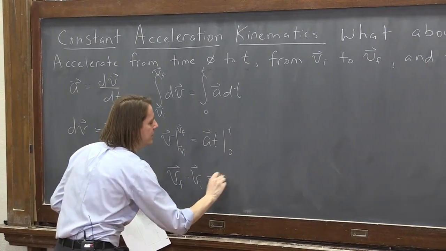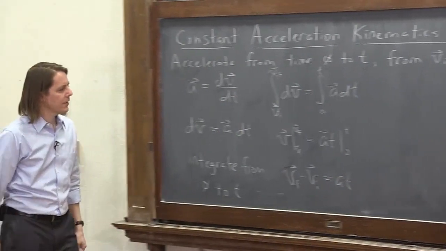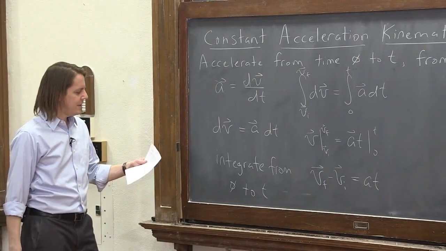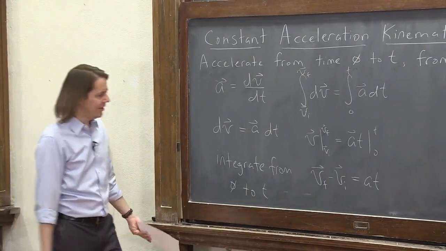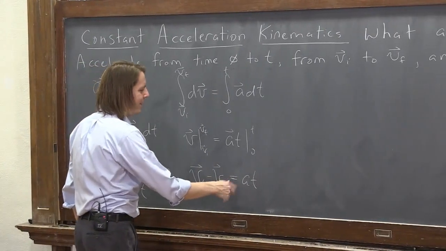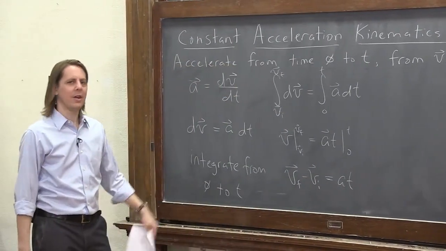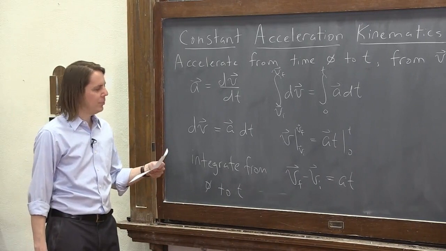So that's just at. That's the final velocity is the initial velocity plus at, the calculus version of that other board that we did.